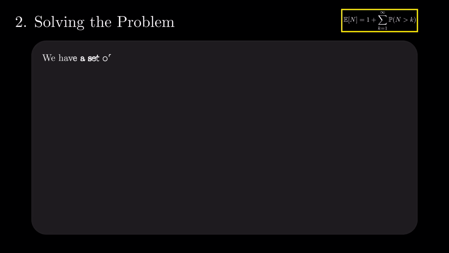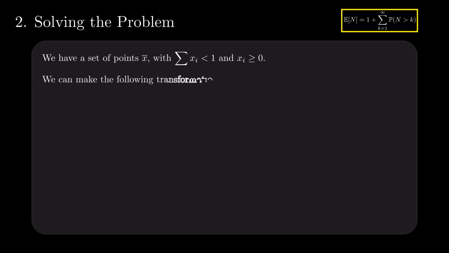So, we have a set of points x in the hyperspace with a sum of coordinates less than 1 and each coordinate positive. We can employ the following one-to-one transformation. Change the point x to y, with each coordinate yk equal to the sum of coordinates of x up until index k.